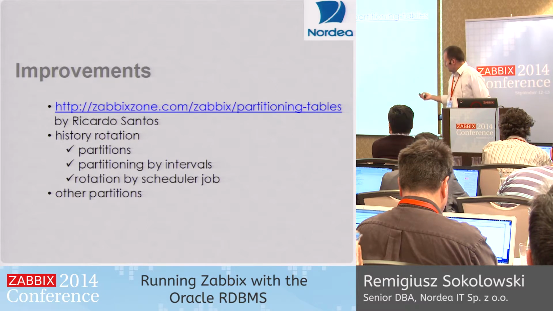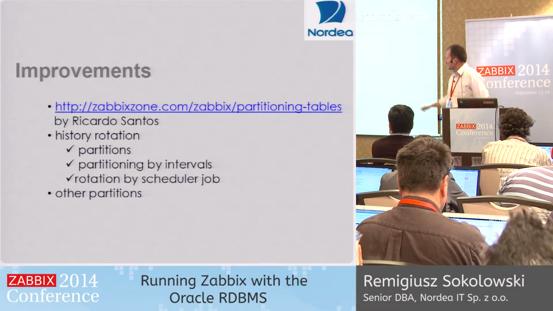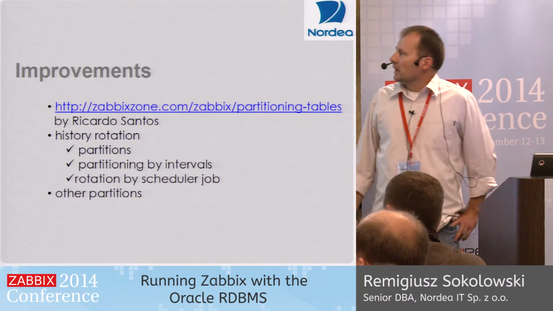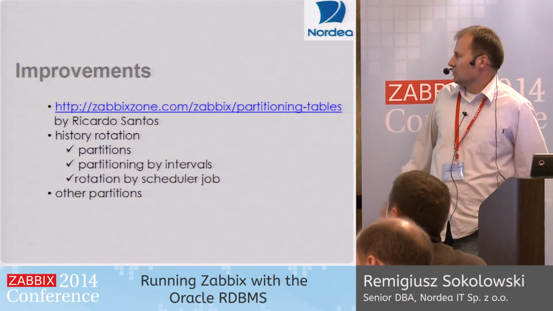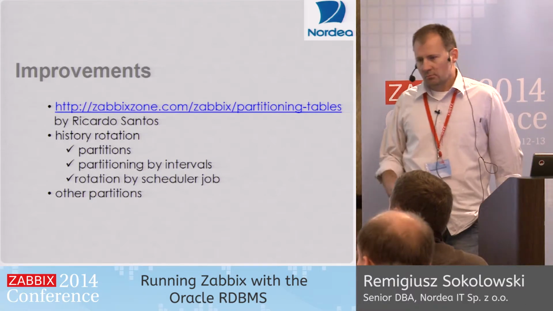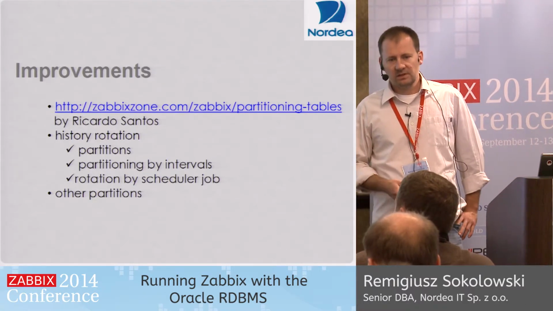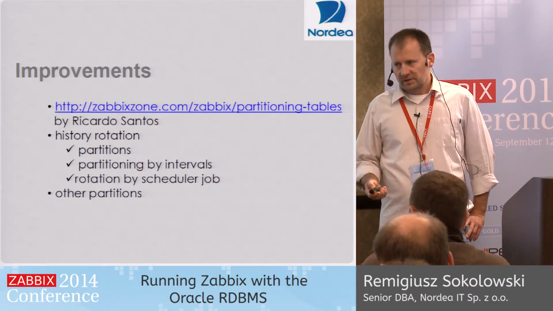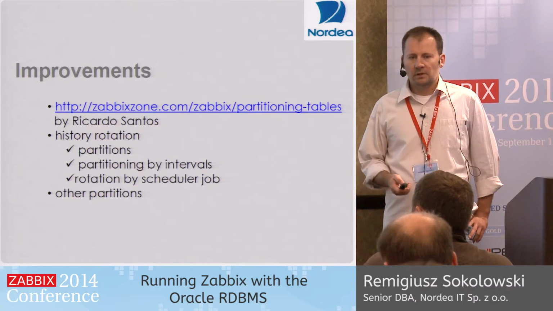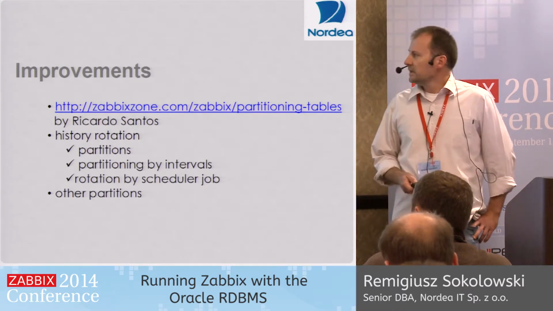And now I will tell you something about improvements. The first and most important is using partitioning in Zabbix, especially because of the history tables, which, as you all know, grow very rapidly.